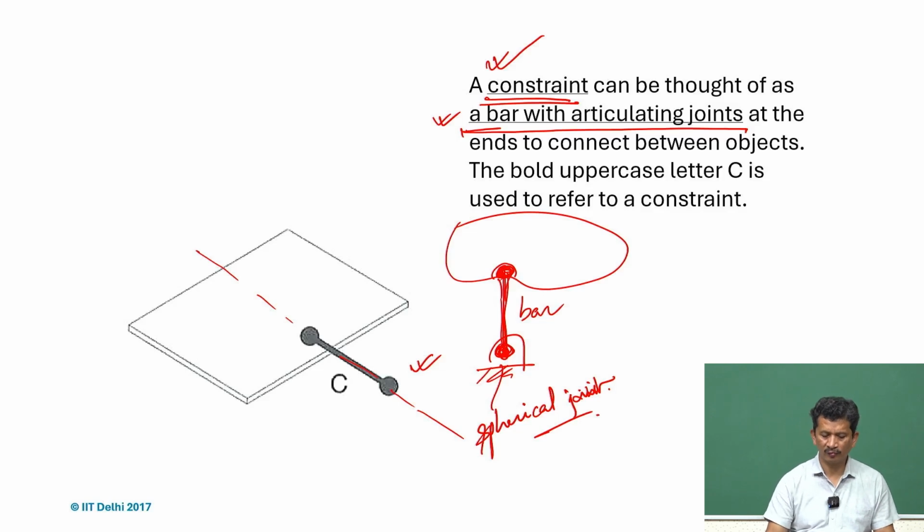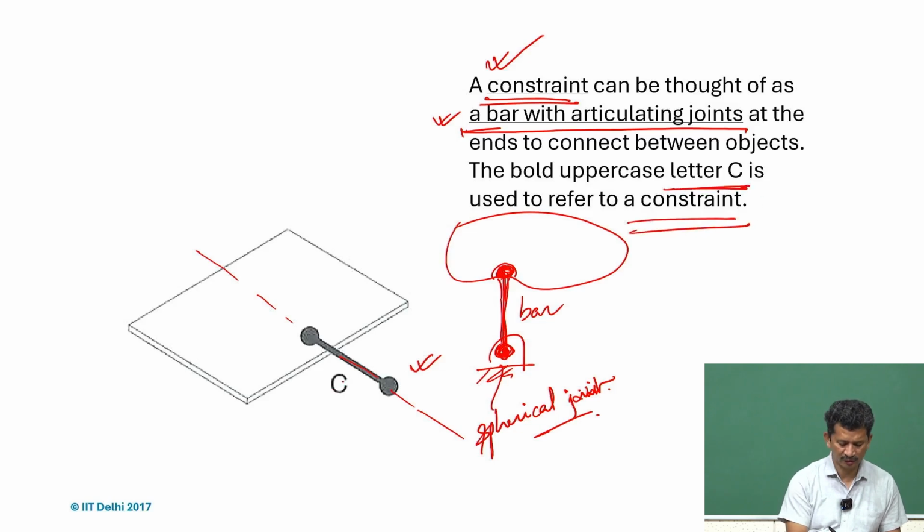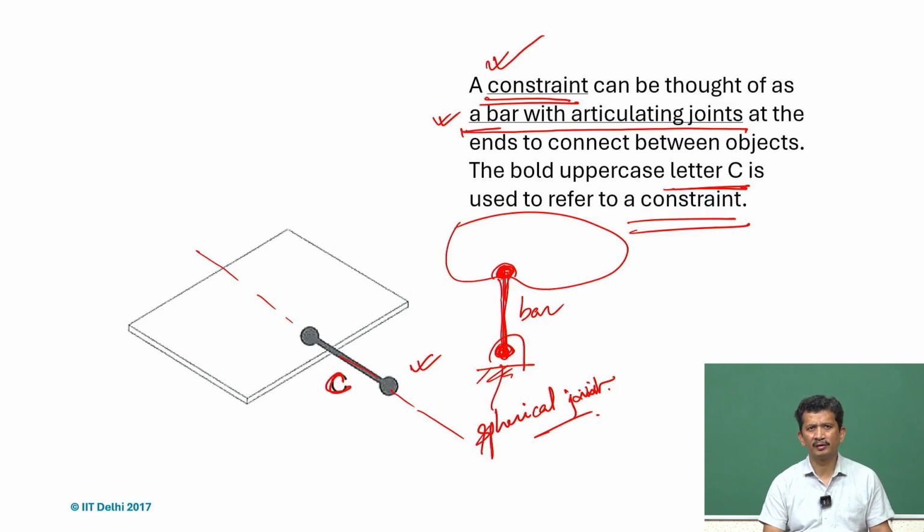The bold uppercase letter C can be used to represent there is a constraint. This is a way to represent it, referred to in many of the books talking about constraints and degrees of freedom.